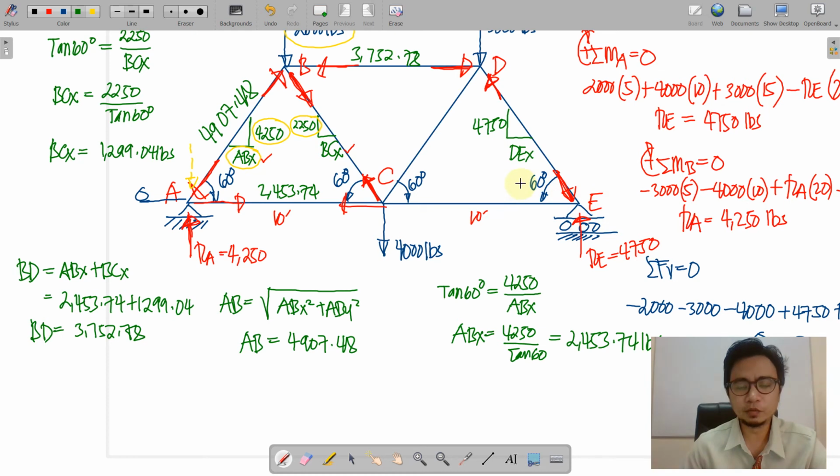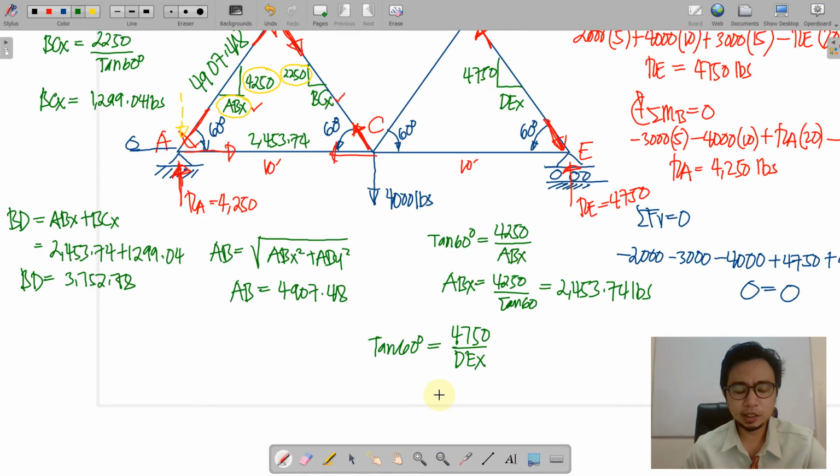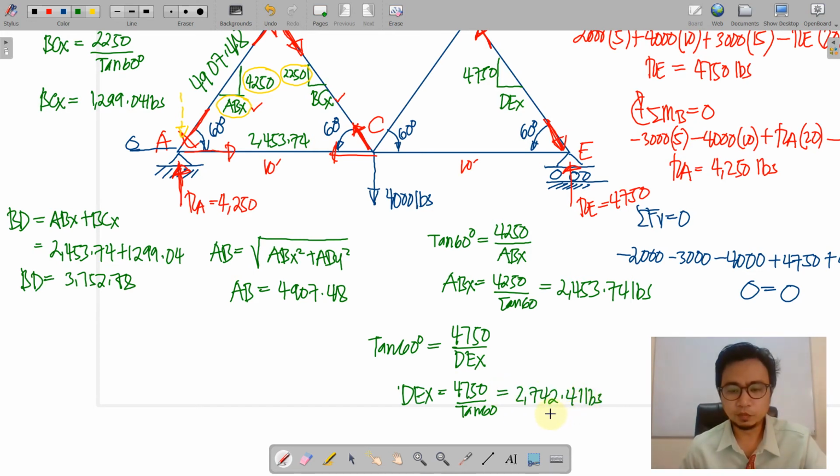Of course, we need to find DEX, and that can be found by the tangent function. Tangent 60 degrees is equal to 4,750 all over DEX. That is 4,750 all over tangent 60. We have 2,742.41 pounds for DEX, and that will also be the value for CE.